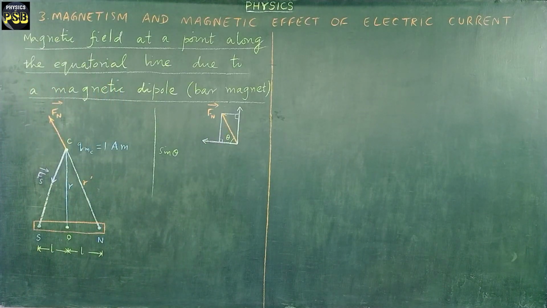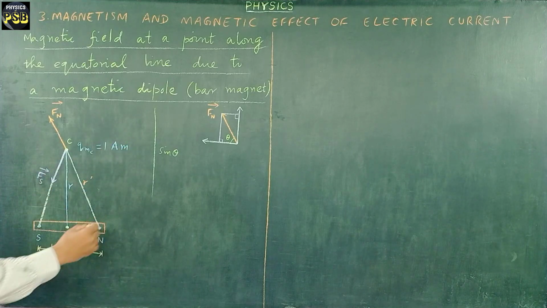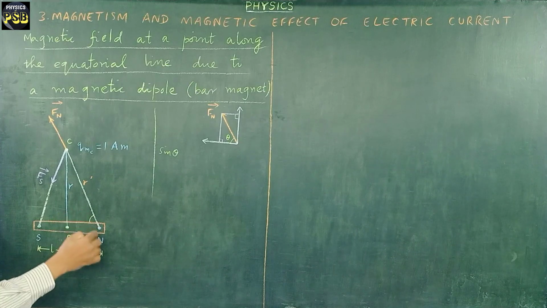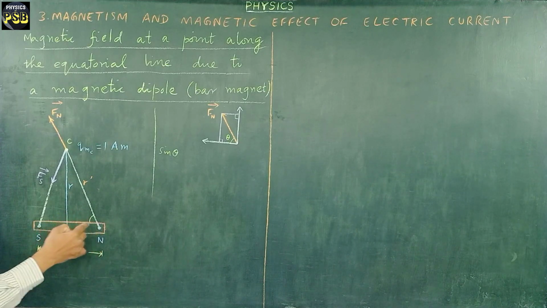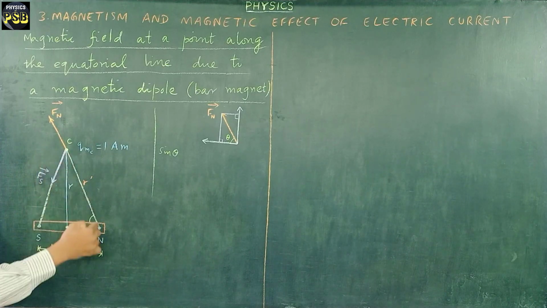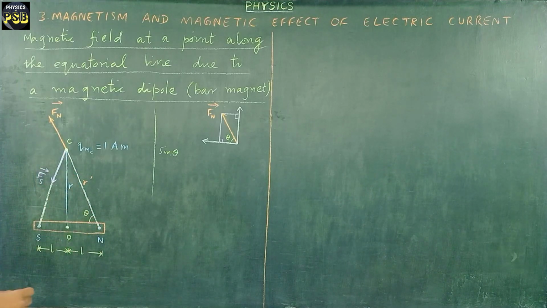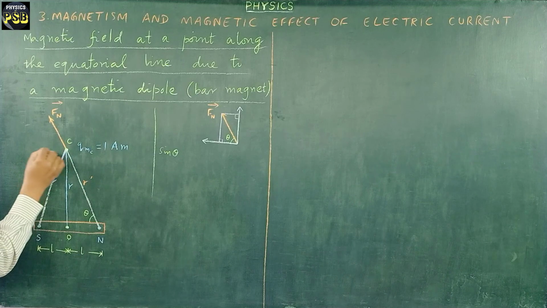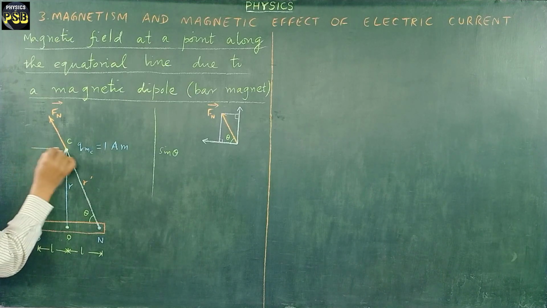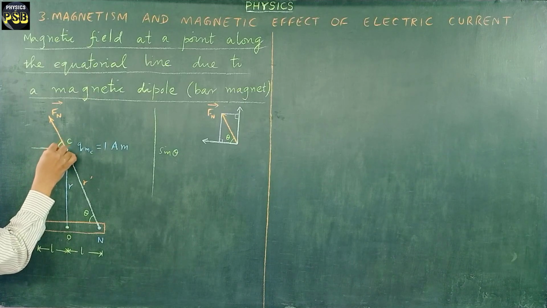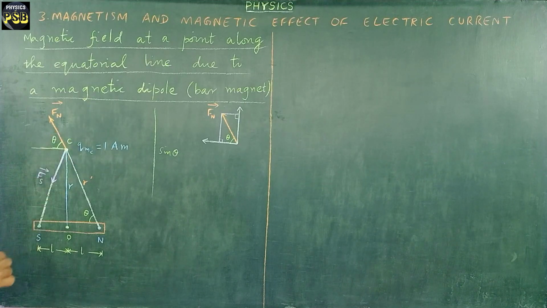How do we get that? It is nothing but the angle between the length of the magnet and this line NC. What is theta? Then this angle will also be theta.